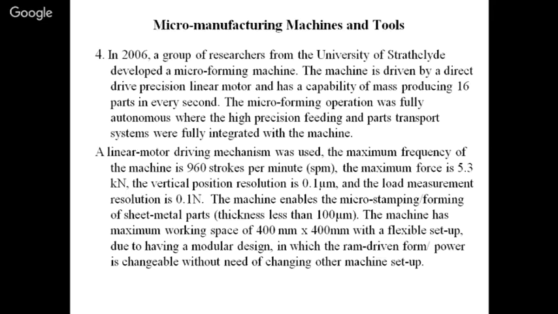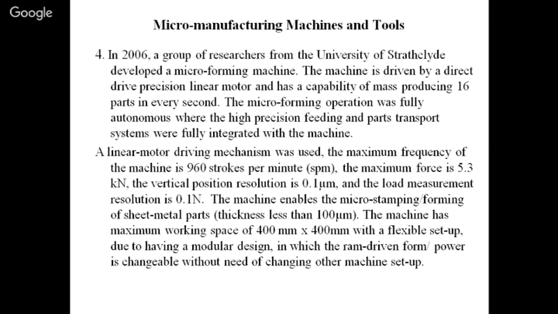The vertical position resolution is 0.1 micrometer, and the load measurement resolution is 0.1 newton, and the machine enables micro stamping and forging of sheet metal parts with thickness less than 100 micrometers. That means 100 micrometers, you understand, only 0.1 millimeter thick sheet. So that is also a challenge to manufacture.